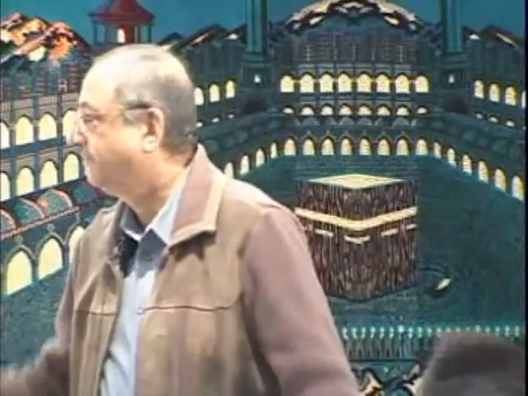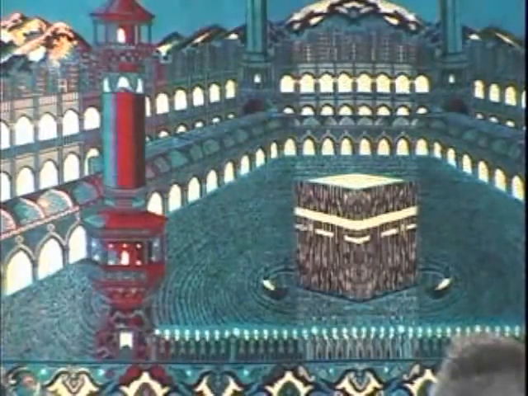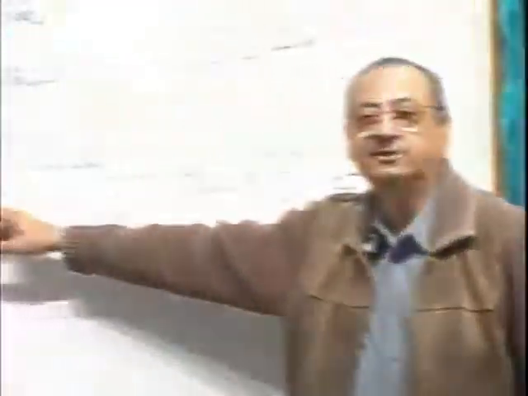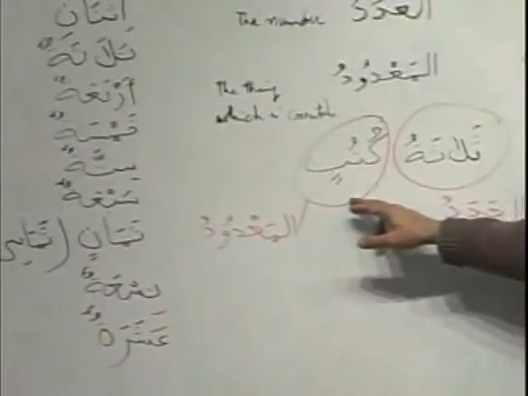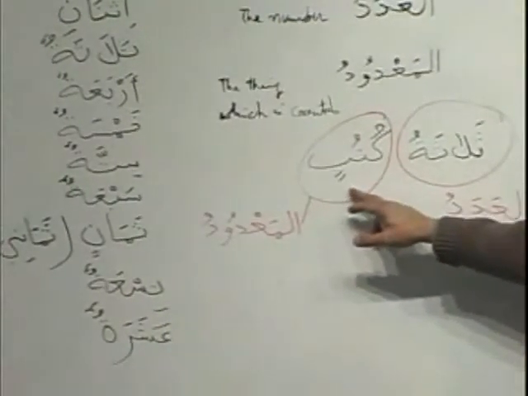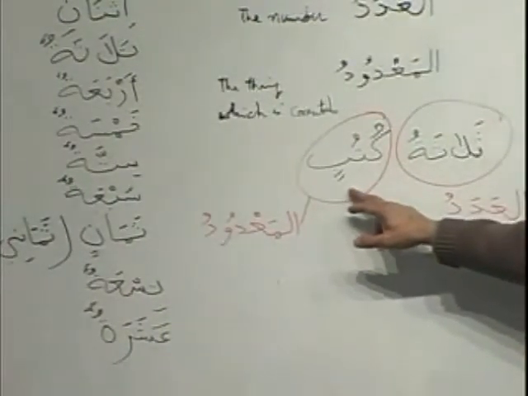Sahi? And adad? What do you see in adad? Do you see here kutubin? Everything in Arabic is either masculine or feminine. What is it, brother? Masculine.